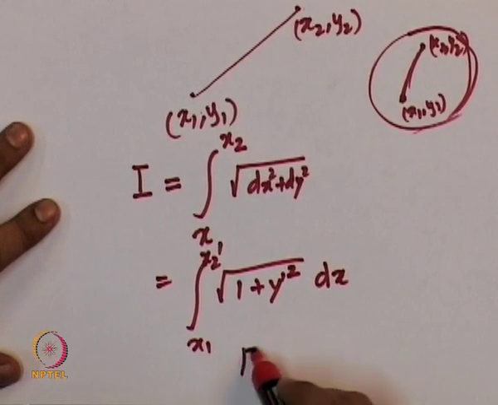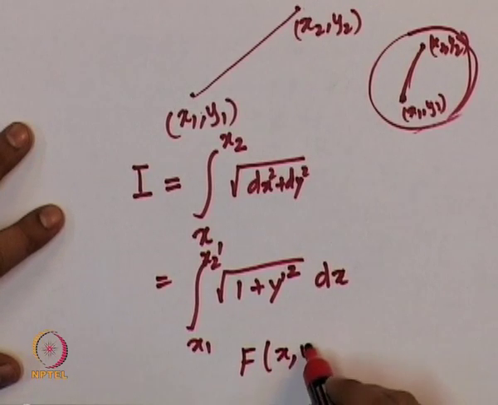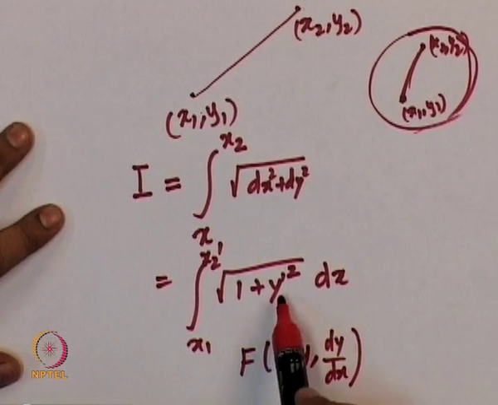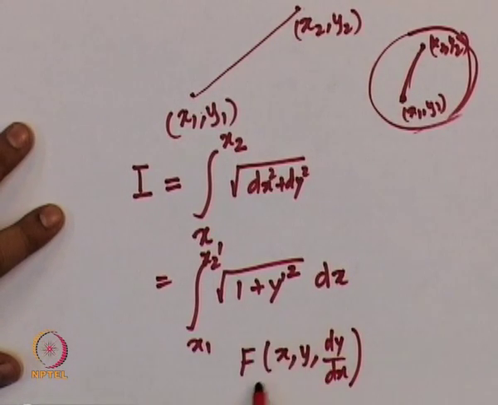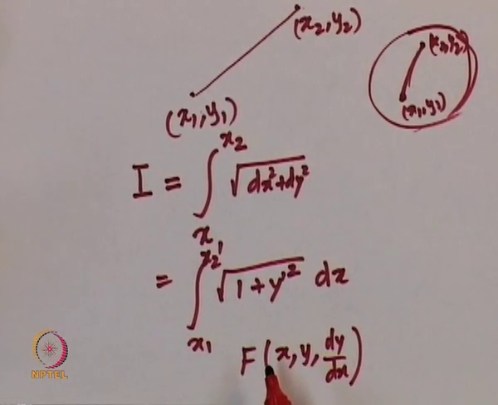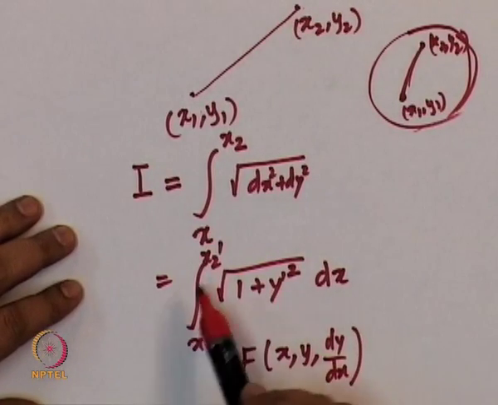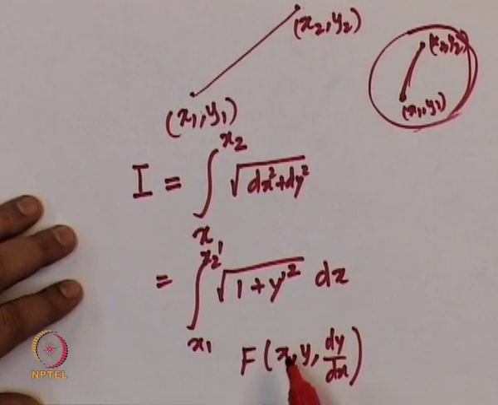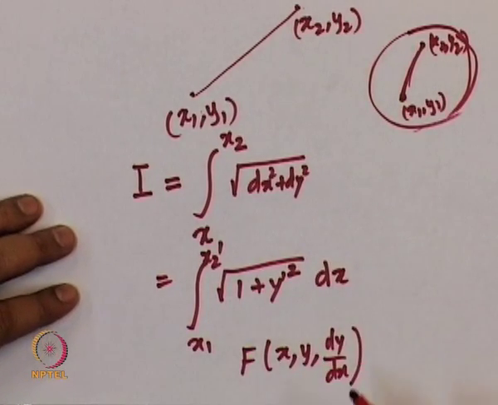So, now in this case f is a function of x comma y comma dy by dx, which is the slope. It so happens that this functional is an explicit function of only dy by dx; x and y do not appear, unlike the case of the action functional where t did not appear, but both x and x dot appeared. Okay, but it is still in the same general form, just that this is not an explicitly x or y dependent functional, but it is a functional all the same.